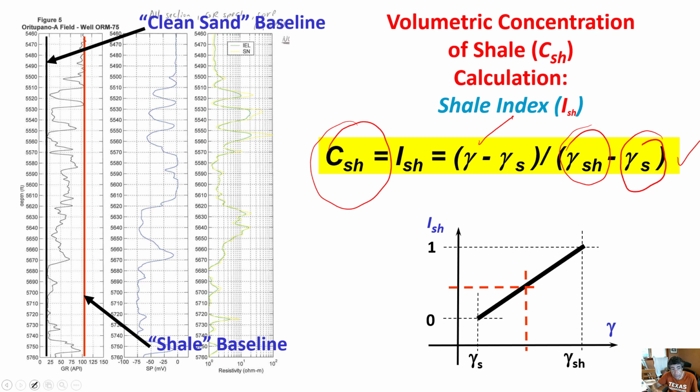That's what this diagram on the left shows. Essentially, it says find the clean sandstone, and measure the gamma ray log in the clean sandstone.